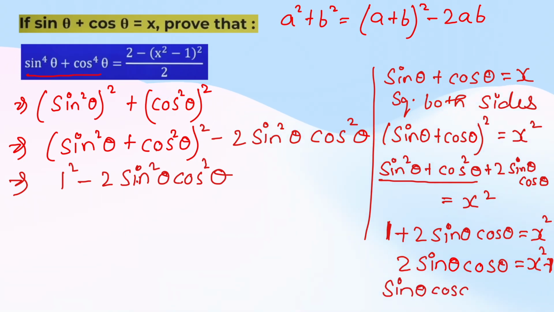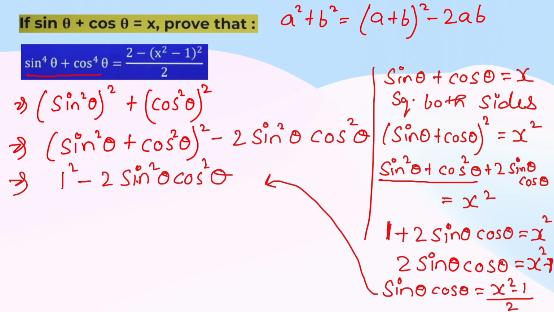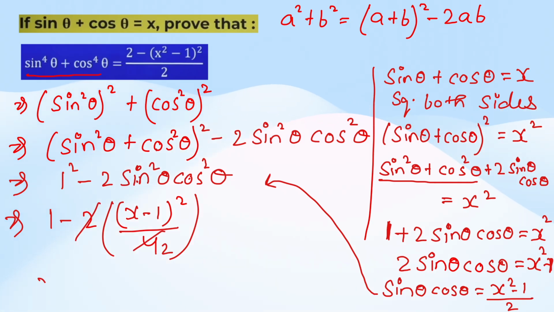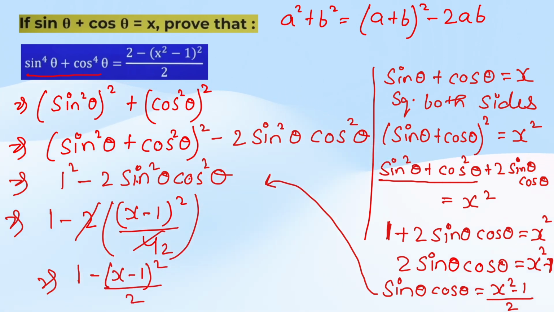Sin theta cos theta will be equal to x square minus 1 by 2. Just put this value there. What will I get? 1 minus 2 into the square of it, right? So x square minus 1 the whole square divided by 4. So 2 twos are 4. I will get 1 minus x square minus 1 the whole square by 2.